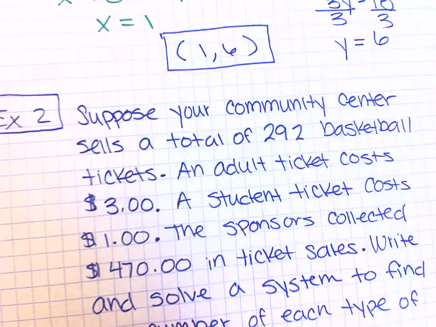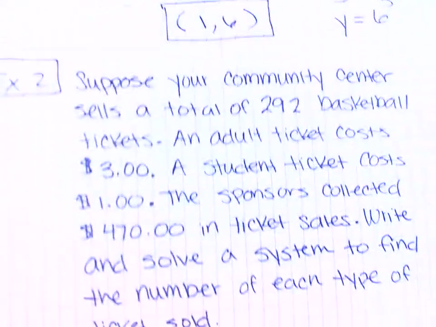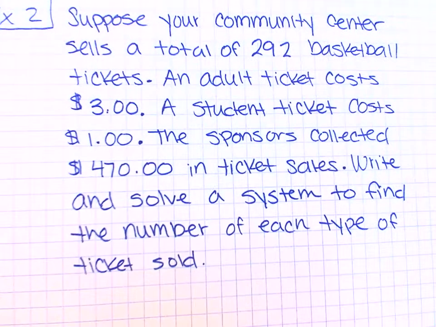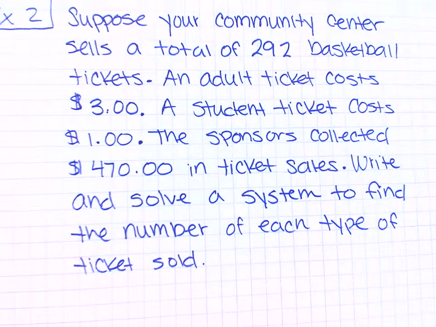That's it. So your community center sells a total of 292 tickets, but they don't know how many of each ticket, right? Because an adult costs $3, a student costs $1, but they collected a total of $470 altogether.